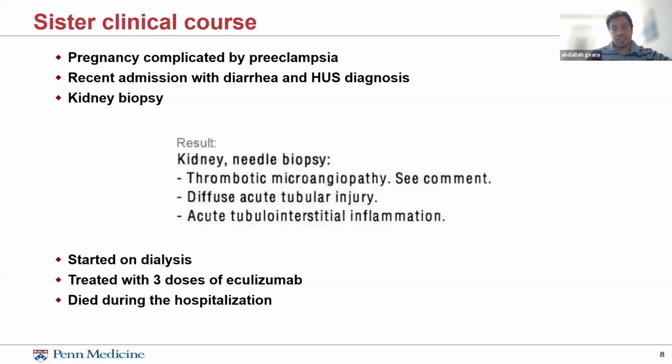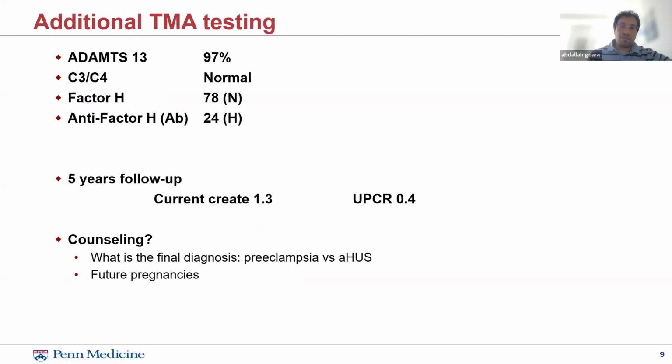She was started on dialysis because her atypical HUS was prolonged and the diarrhea did resolve, and they did not find any evidence of Shiga toxins. She was eventually treated as atypical HUS with 3 doses of eculizumab, and she died during that hospitalization. With this clinical history, she came to me for further counseling.